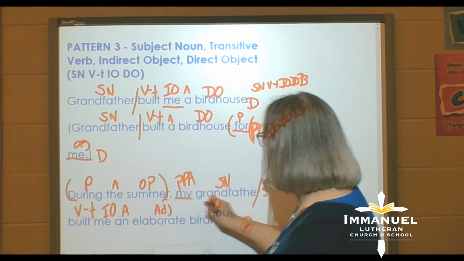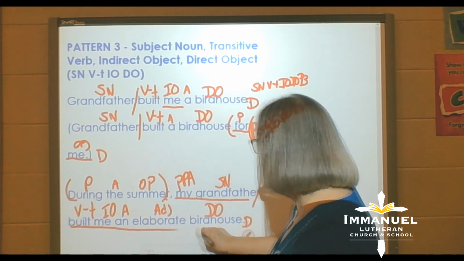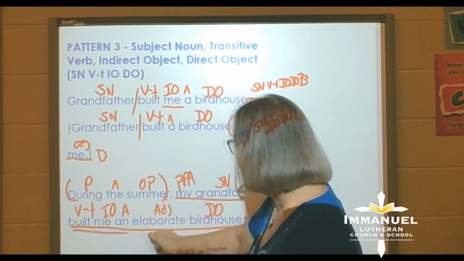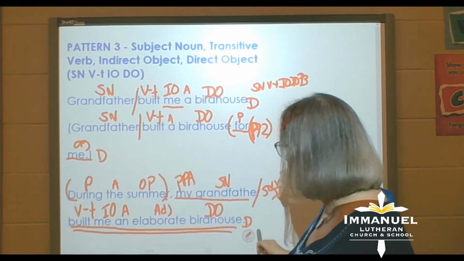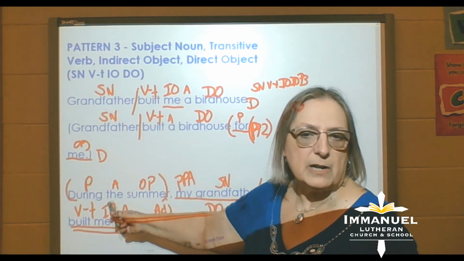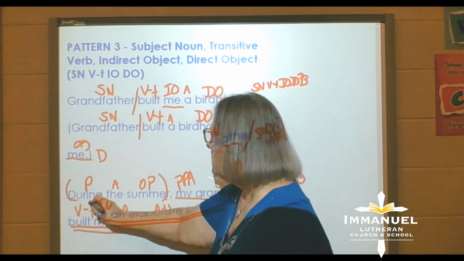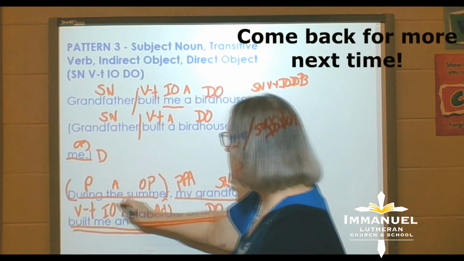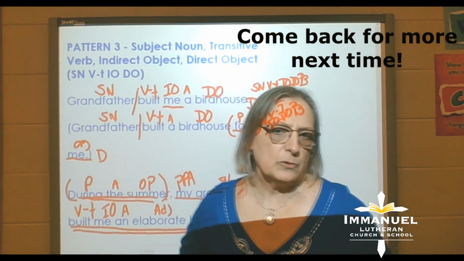My grandfather. What is the predicate? Built me an elaborate birdhouse, and also this prepositional phrase has been moved. It could have been at the end, but it was moved to the front. We've switched the natural order of the sentence. This is part of the predicate. It tells when he built, and so that's inverted word order.